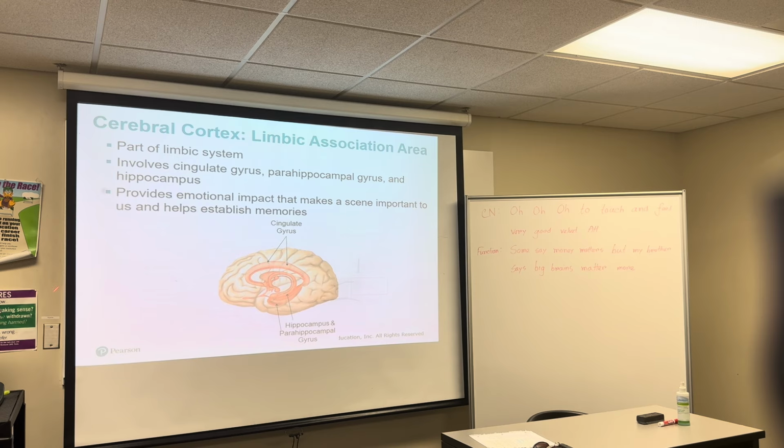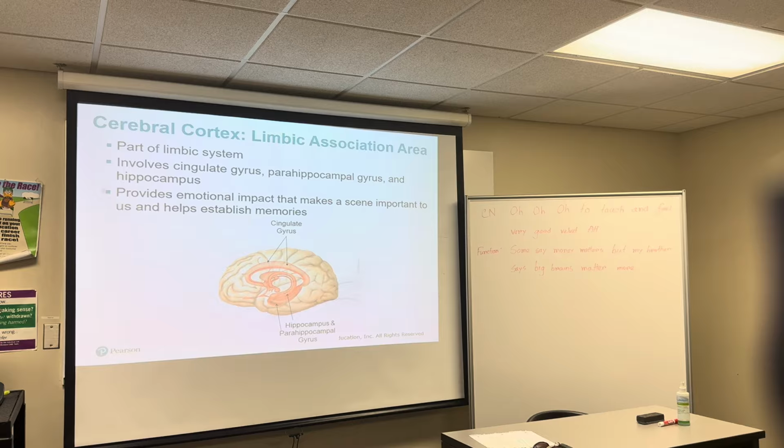Now let's talk about the limbic association area, a part of the limbic system involving the cingulate gyrus, parahippocampal gyrus, and the hippocampus. I'm sure you have heard of the hippocampus a lot. I'm not sure you know that this is the only part of your brain where scientists can actually see some regeneration.